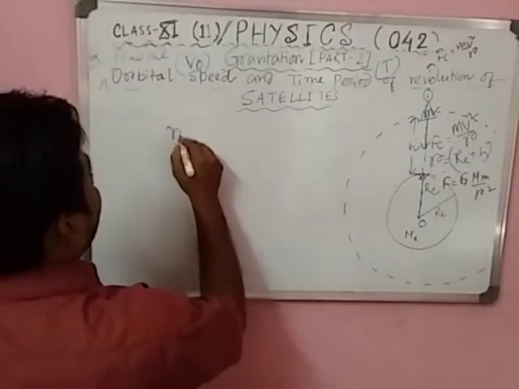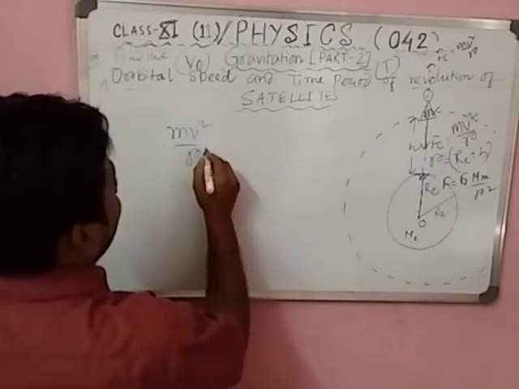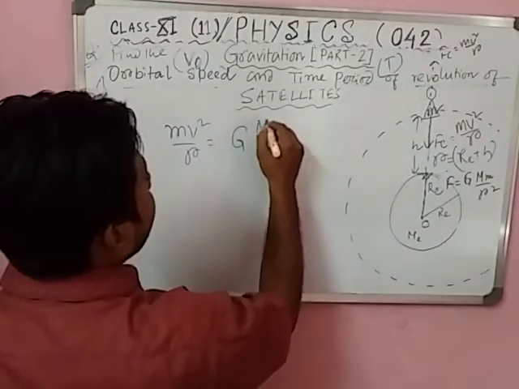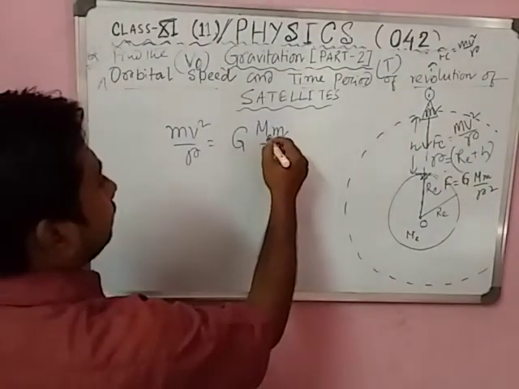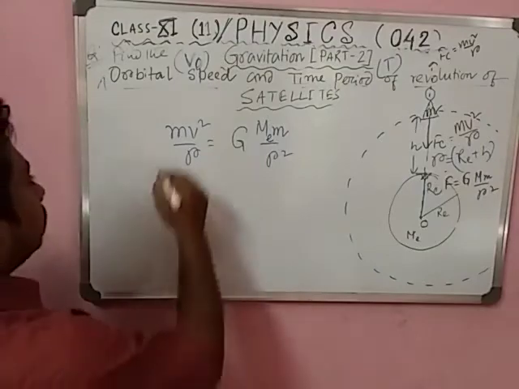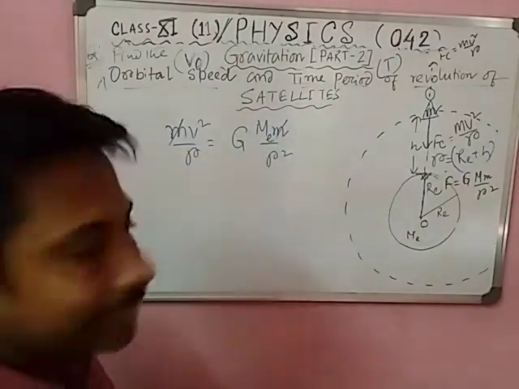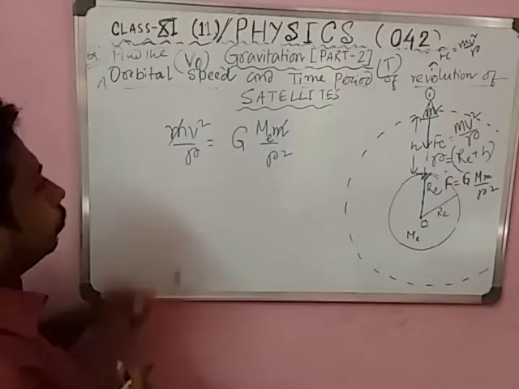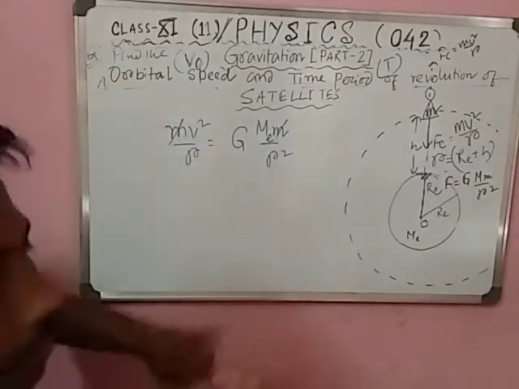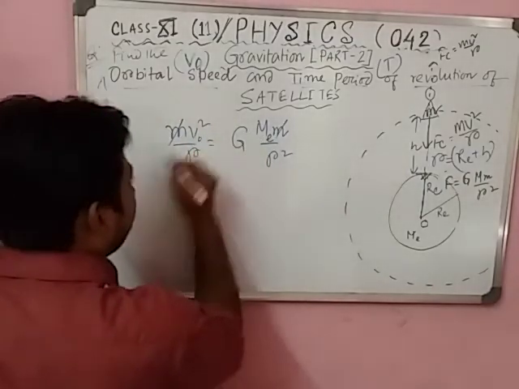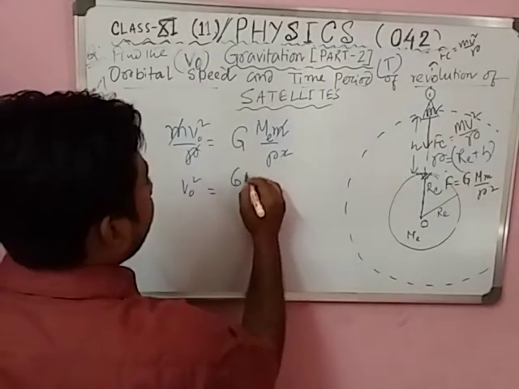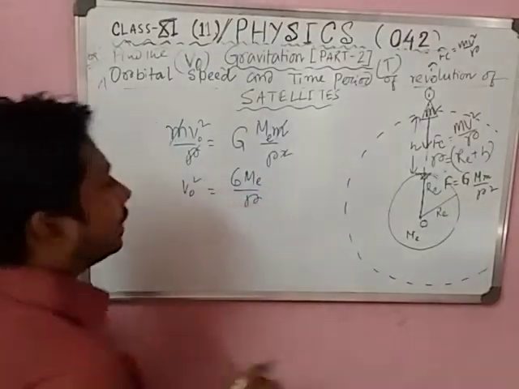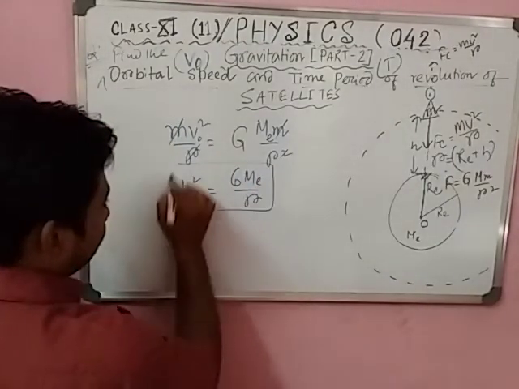Now we can equate these two: mv square by r is equal to G M m by r square. Here capital M means the mass of the earth, and small m is the mass of the satellite, which cancels. So for the orbital speed v naught, v naught square is equal to G Me by r. That's all, this is your result.